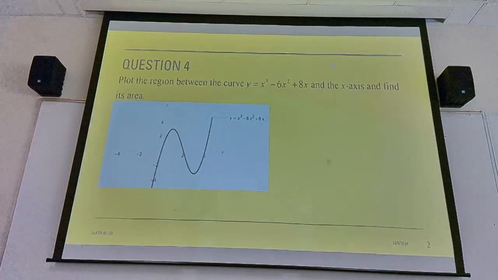So what's the region? Well, it's one overall region, but we can split it into two, yes.